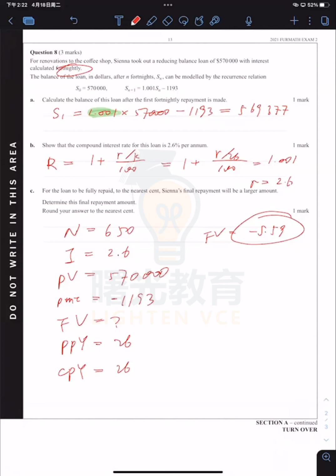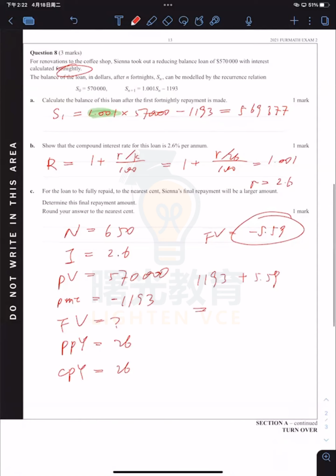So the final repayment is actually 1,193 plus the little bit over, so you don't owe the loan anymore. Finally, that is $1,198.59. Okay.